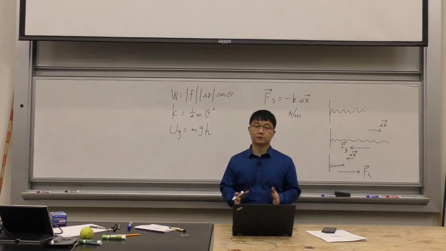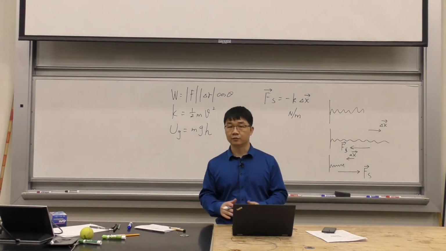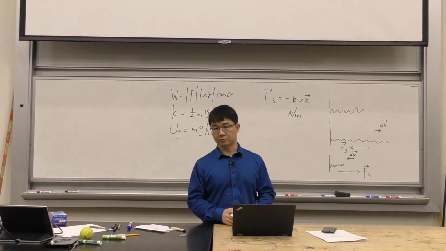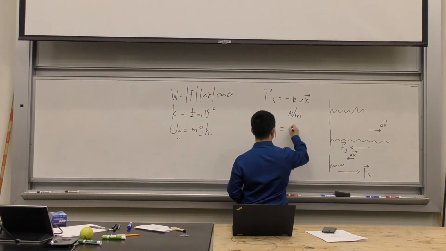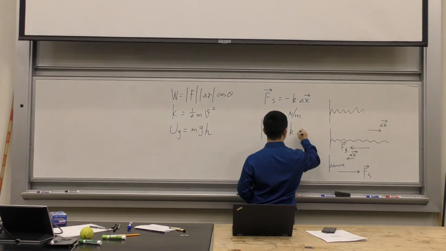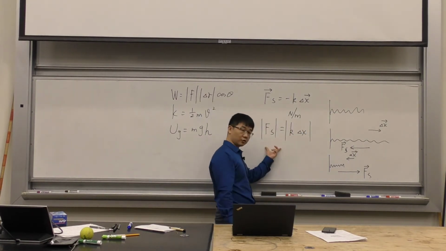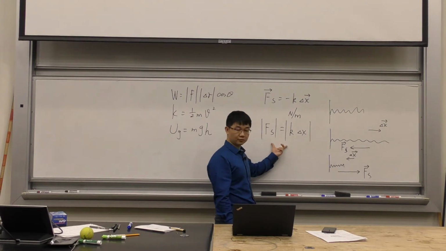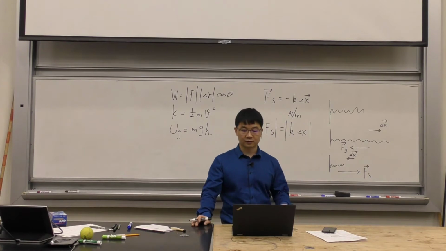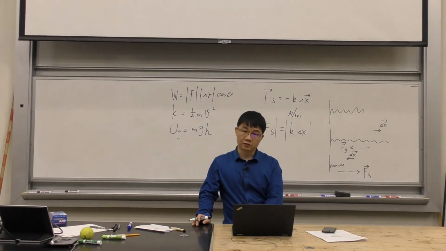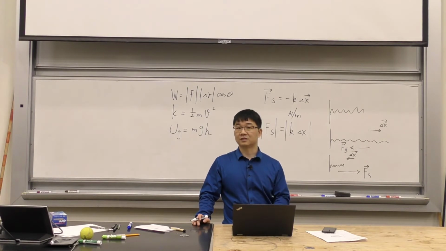But when I use a vector equation, I'm very careful. I would always do that in two steps. I would make sure that I use the absolute values, the magnitudes, if I want to do algebra to find any of these three quantities. Then I take a look at the direction of the displacement to find the direction of the force, or I take a look at the direction of the force to find the direction of the displacement.